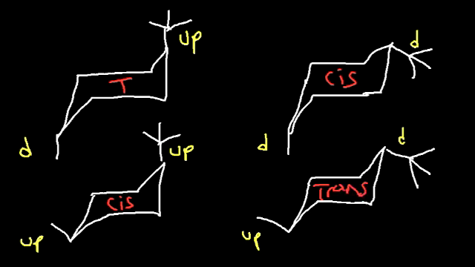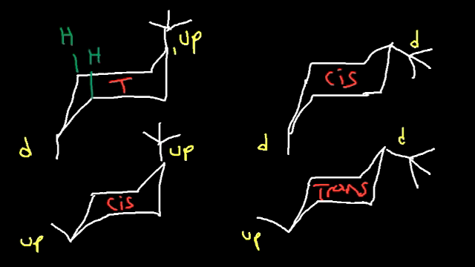So now, which of these is the most stable structure? Is it better to put a group in the axial position or in the equatorial position? It's more stable if you can put a bulky group in the equatorial position. The reason why is you can reduce 1,3-diaxial strain. So there's a hydrogen here and there's another hydrogen here.